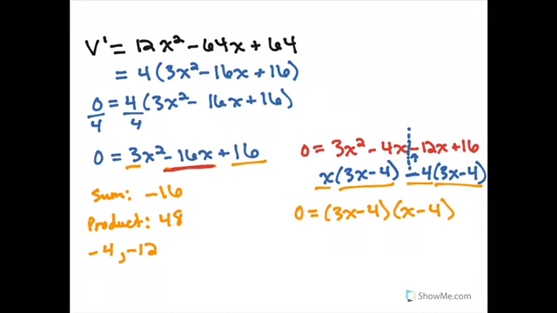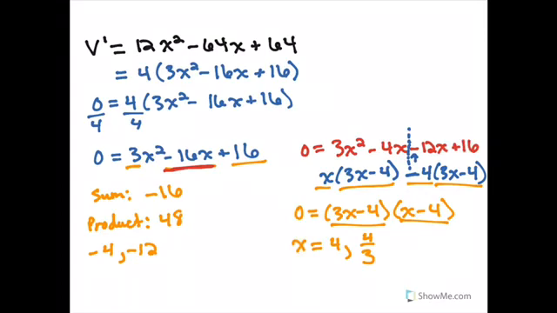So these two factors, if I set each one equal to 0, they're going to give me x values of 4 from that one. And from this one, I add 4 to both sides and divide by 3. I'm going to get 4/3. Okay, so we found a value of 4 and a value of 4/3.